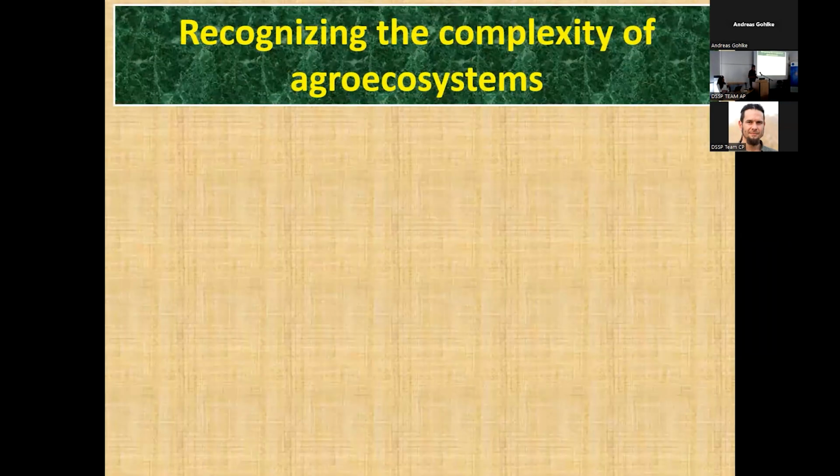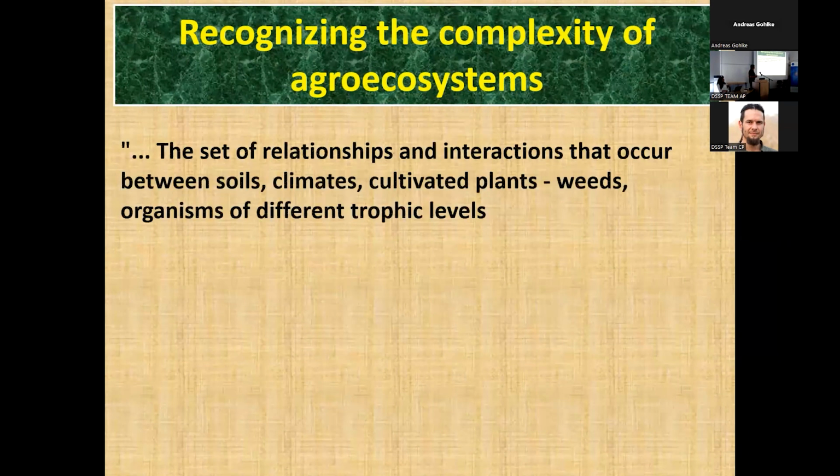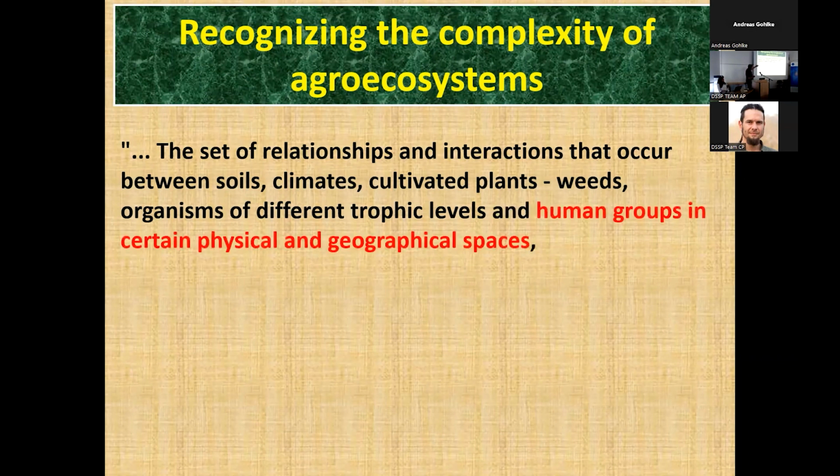And we recognize the complexity of the agroecosystem in its definition. We say that the agroecosystem is the set of relationships and interactions that occur between soil, climate, cultivated plants, weeds, and so on, and human groups in a certain physical and geographical space.